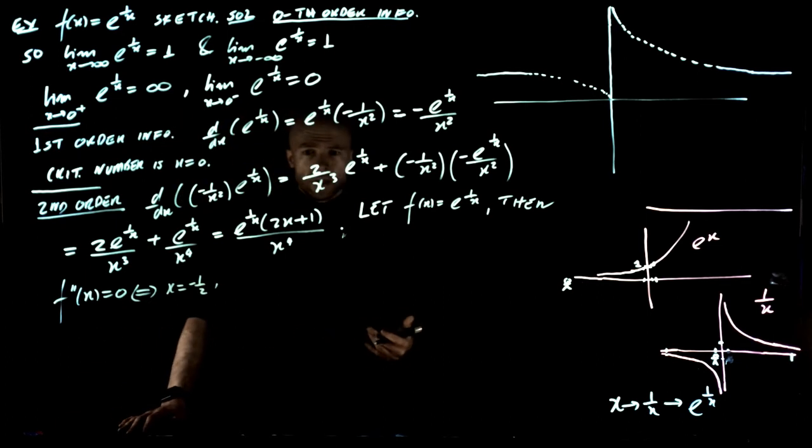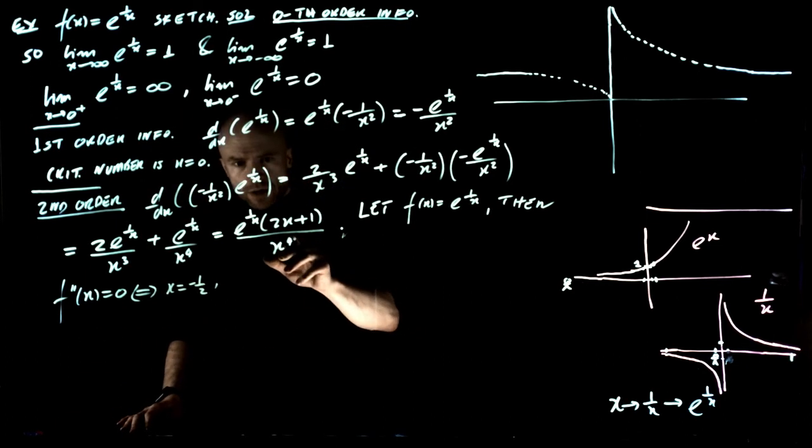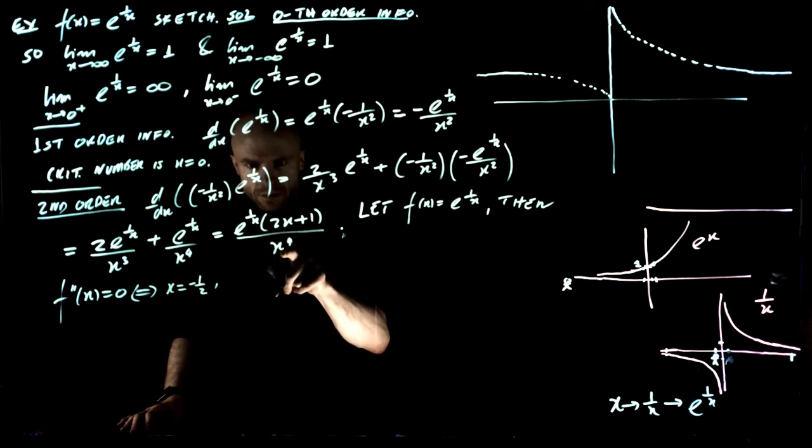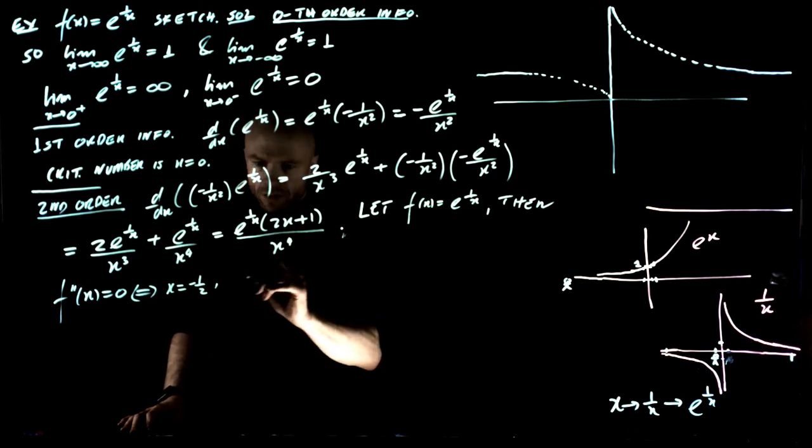And we're also interested when this doesn't exist, and this doesn't exist when x is 0, right? Because we definitely have an issue there, because this thing will be something incredibly big on the top, and this thing will be 0 on the bottom, so yeah, it does not exist.